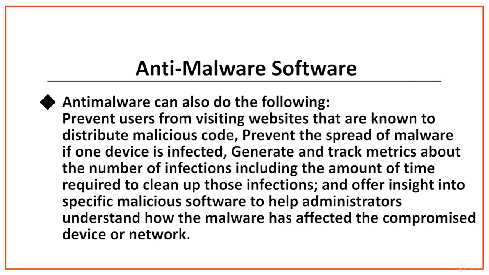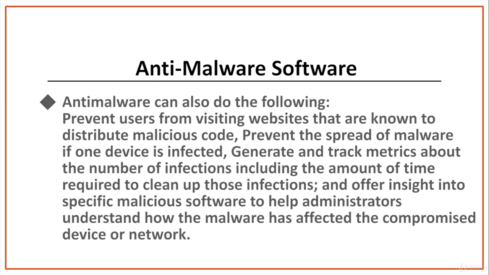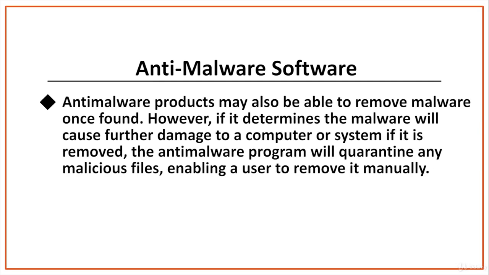And offer insight into specific malicious software to help administrators understand how the malware has affected the compromised device or network. Anti-malware products may also be able to remove malware once found. However, if it determines the malware will cause further damage to a computer or system if it is removed, the anti-malware program will quarantine any malicious files, enabling a user to remove it manually.